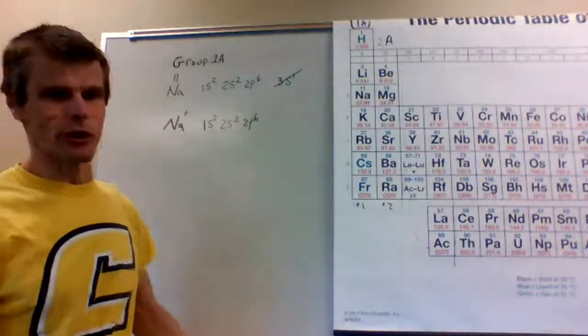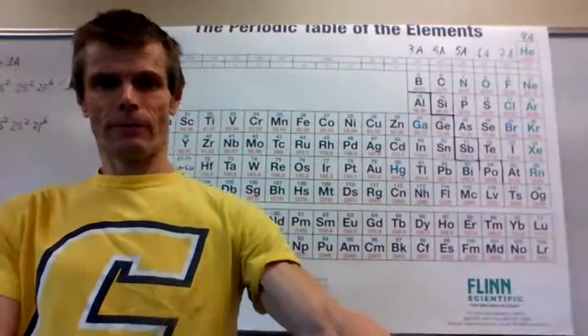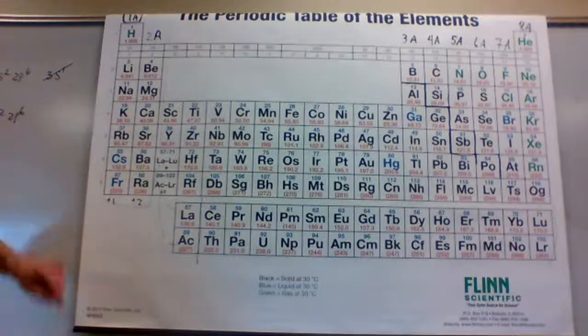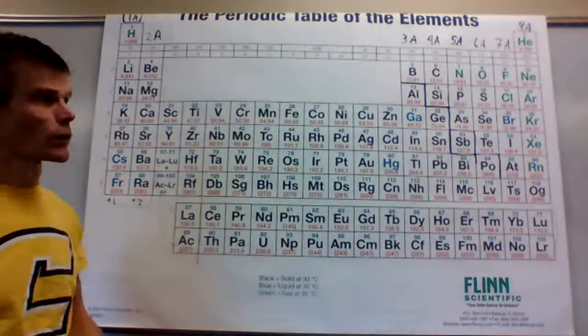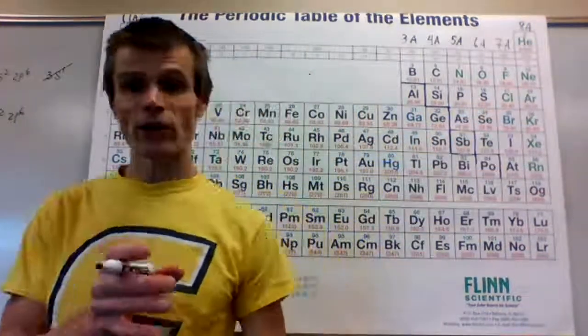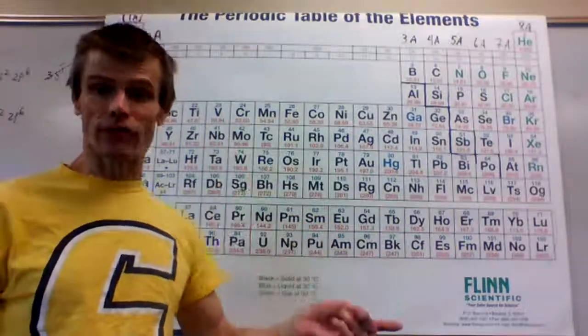So if we look at where sodium's located, let's move our camera over and look at our periodic table. Here's sodium. It has an atomic number of 11. It loses its 1 electron, and sodium is going to have an electron configuration that's identical to neon. Neon has 10 electrons.